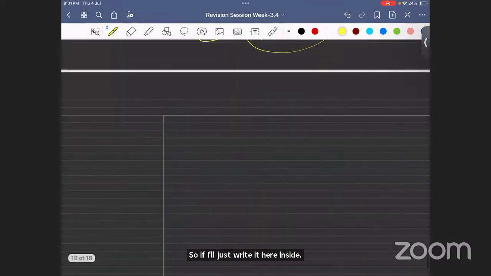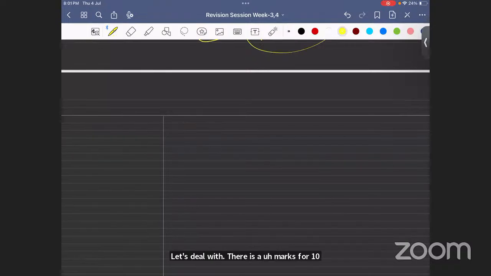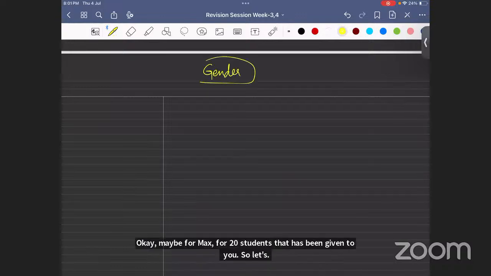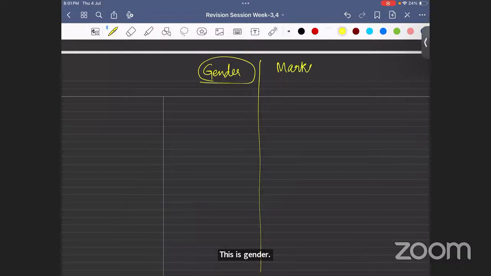Okay, I'll just give you one example. Let's deal with marks for 10 students. Okay, maybe marks for 20 students that have been given to you. So this is gender. Then you have marks. The first student, maybe female, the marks she got is 71.